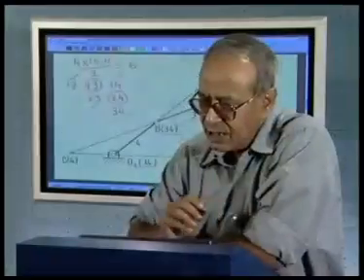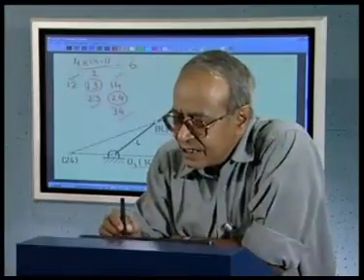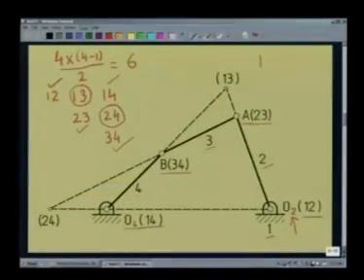For example, if 3 rigid bodies, namely 1, 2 and 3 are in relative motion with respect to one another, consequently the 3 relative instantaneous centers, that is 1, 2, 2, 3 and 1, 3 will be collinear.